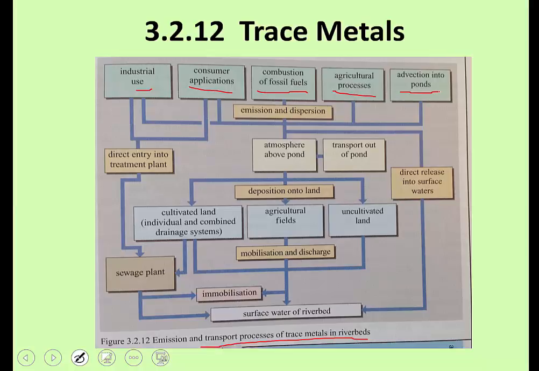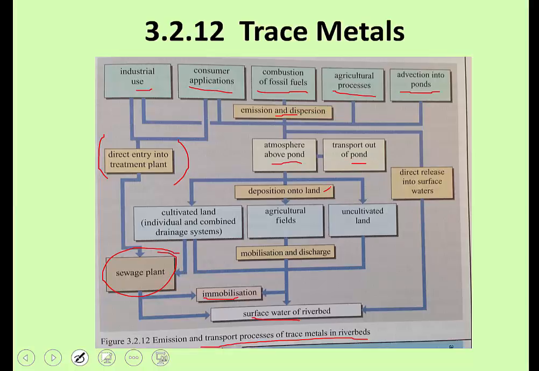Okay, so where do they go from there? From consumers and industry, there's direct entry, hopefully into a treatment plant, so from homes or industry to your sewage plant, where it hopefully gets treated and immobilized. But some may get through and end up in your surface water, whether river, lake, or stream. Fossil fuel emissions get dispersed into the air, where they hang out for a little while until they get either deposited or pulled out in the rain.